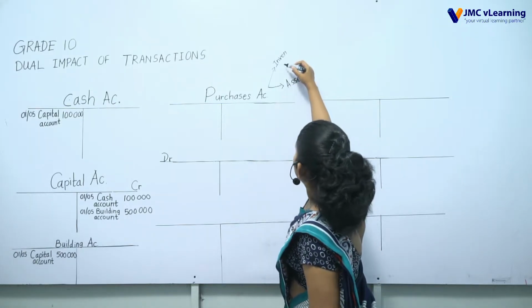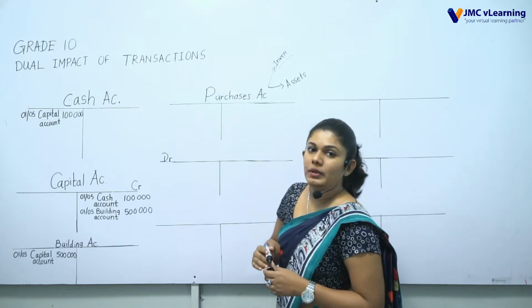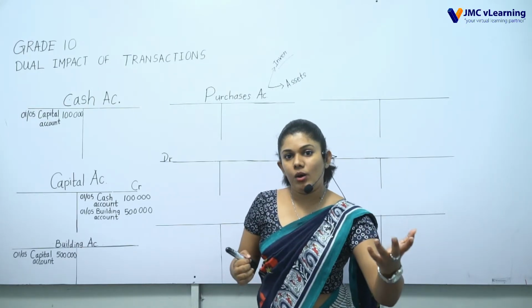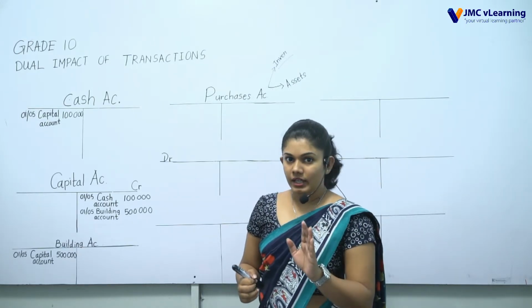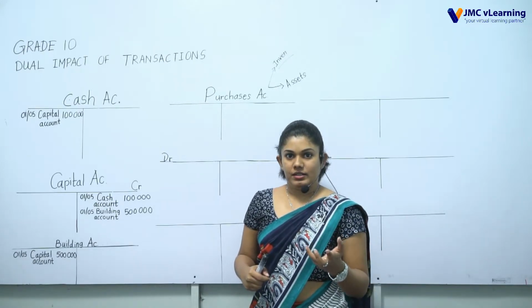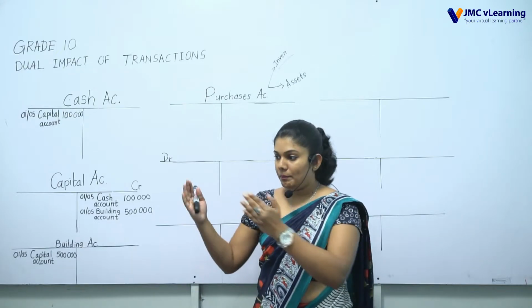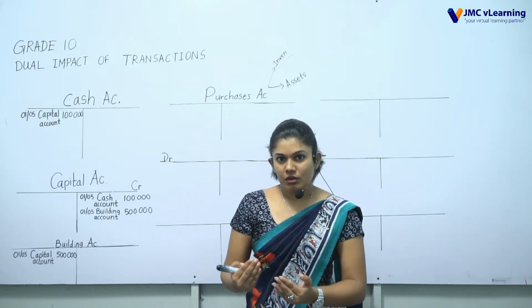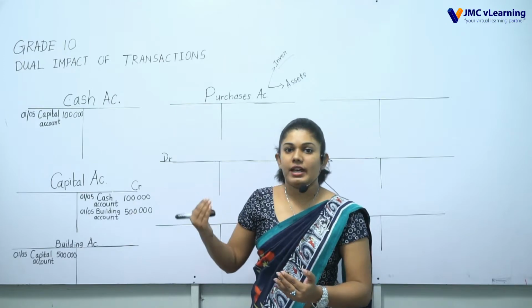These inventories are to be purchased to resell or use in the business. To resell, that means like electrical appliances or motor vehicle parts. We purchase it from a manufacturer or a second-hand dealer or a first-hand dealer.